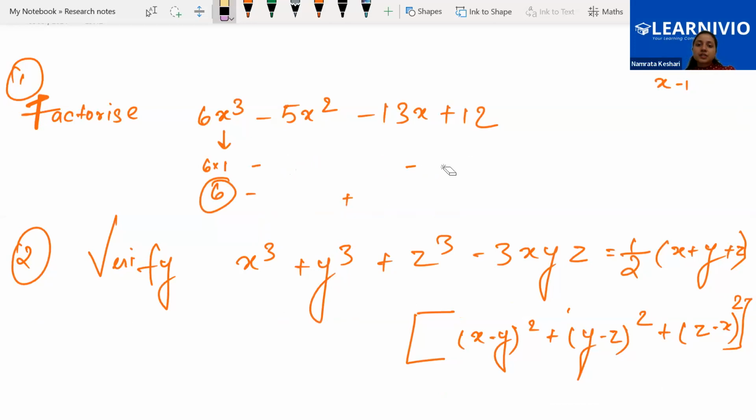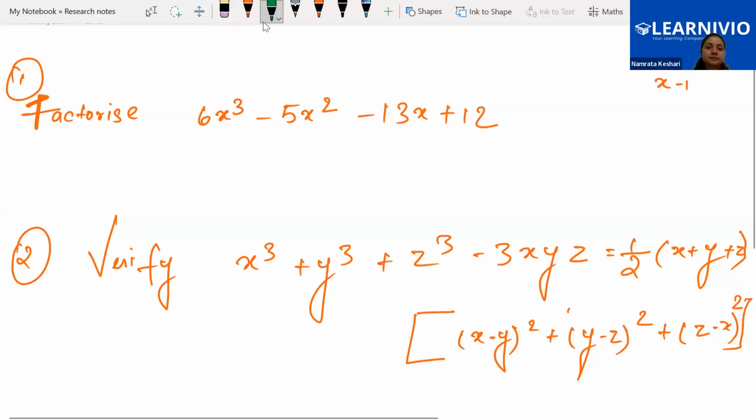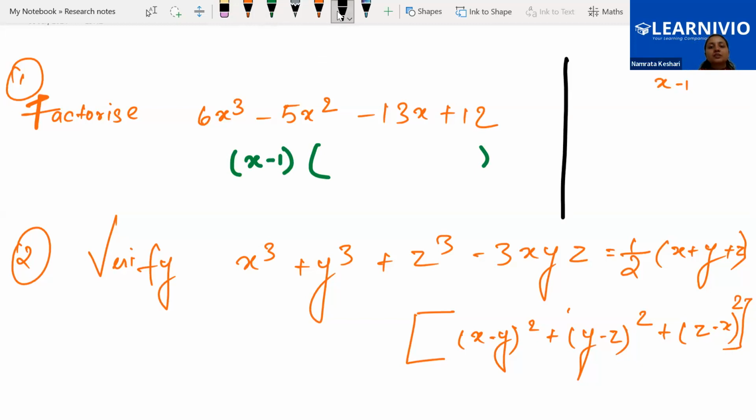So x minus 1 is one of the factors. We will write it over here. The other factors we still have to figure out, and we can do that by division. Let's divide the polynomial by x minus 1.